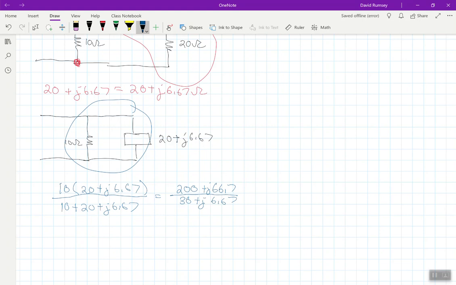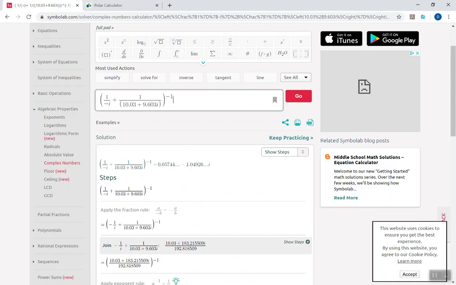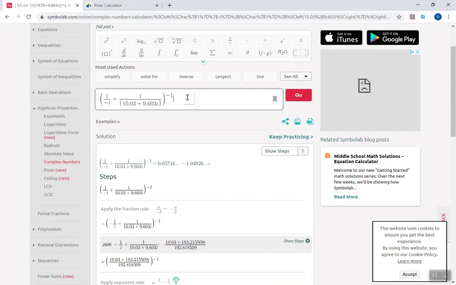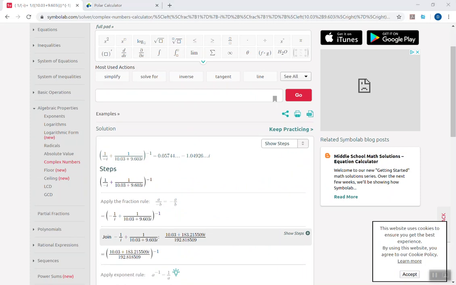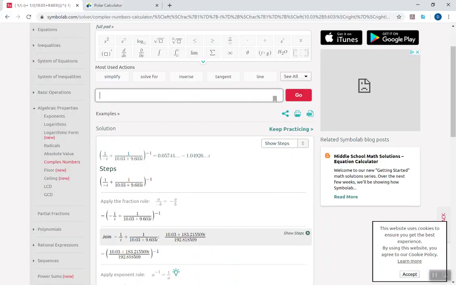And if we do that computation, let me go to the online calculator again here. What do we get here? Well, let me go back here. We have 200 plus J 66.7.